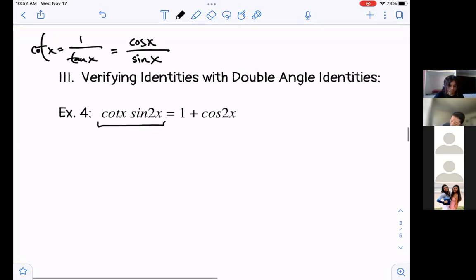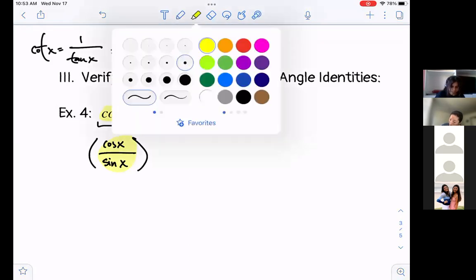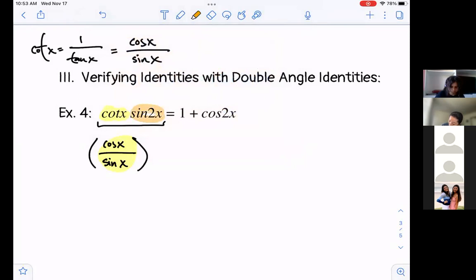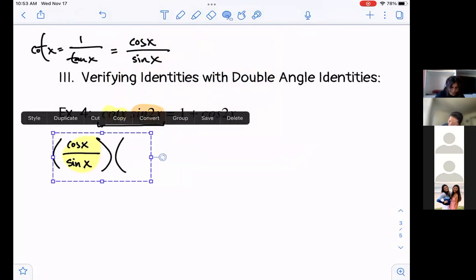And so in this case, let's return to this question, our cotangent. Let's do a little color coding here so we can keep track of what becomes what. This cotangent, let's say we write it as cosine over sine, okay? Making that substitution. Now, what about sine 2x? What can I write instead of sine 2x?